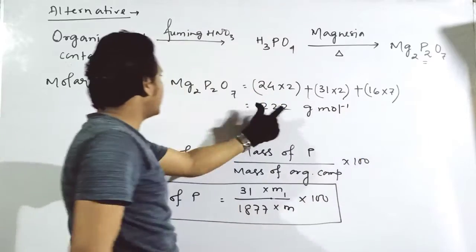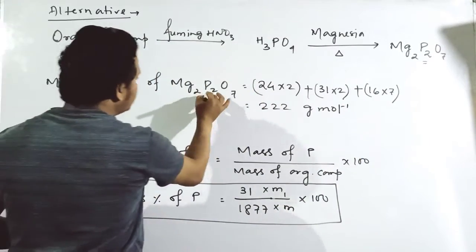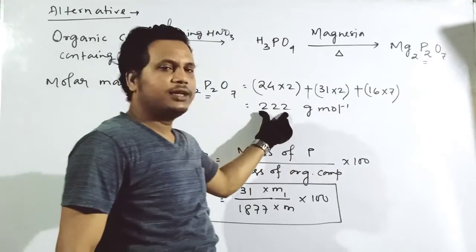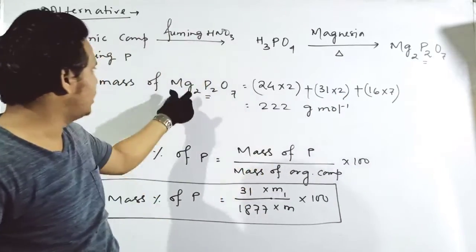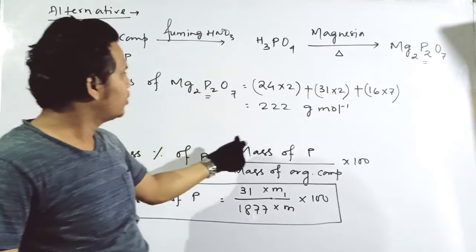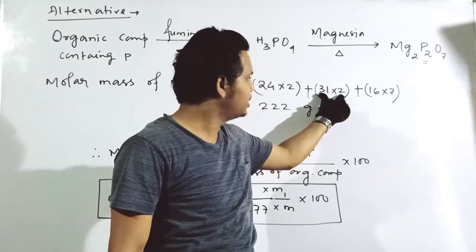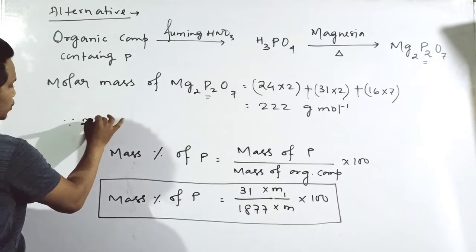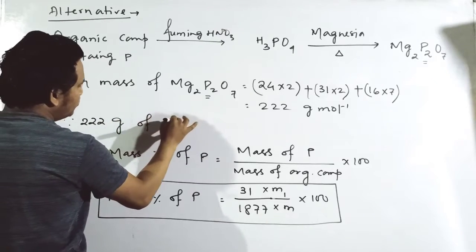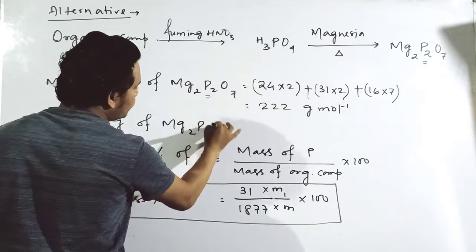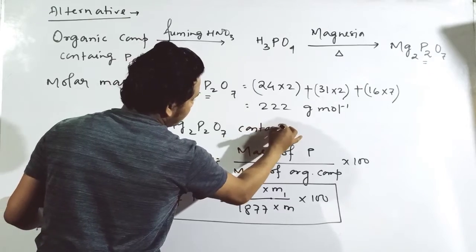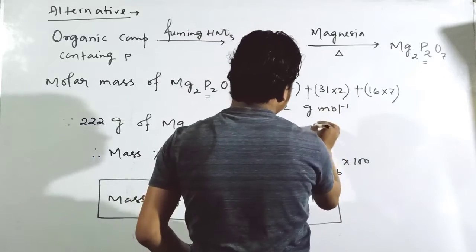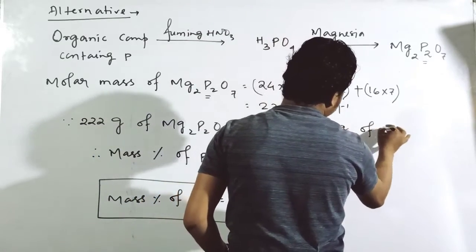So 222 grams of Mg2P2O7 contains how many grams of phosphorus? 62 grams of phosphorus.